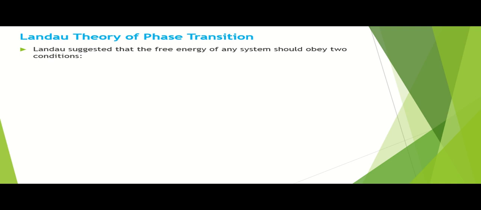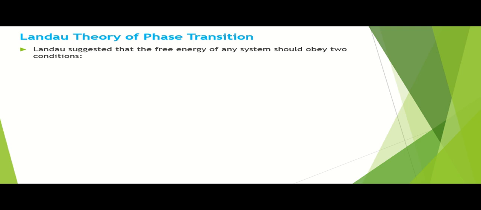So Landau has a view on the phase transition. It is very similar to what we have seen in the previous videos. He suggests that the free energy of any system should obey two conditions. Free energy basically should follow these particular conditions. Free energy stands for the Helmholtz free energy and the Gibbs free energy.